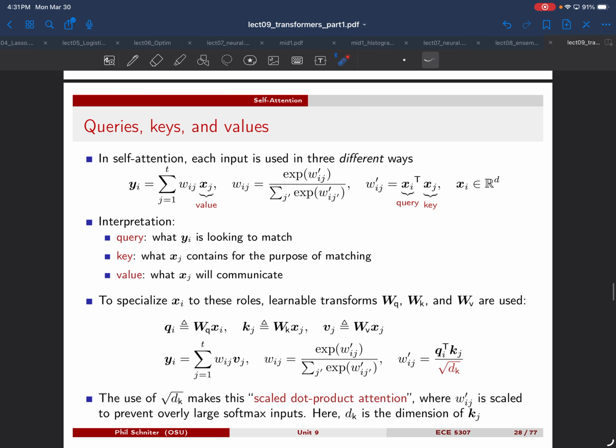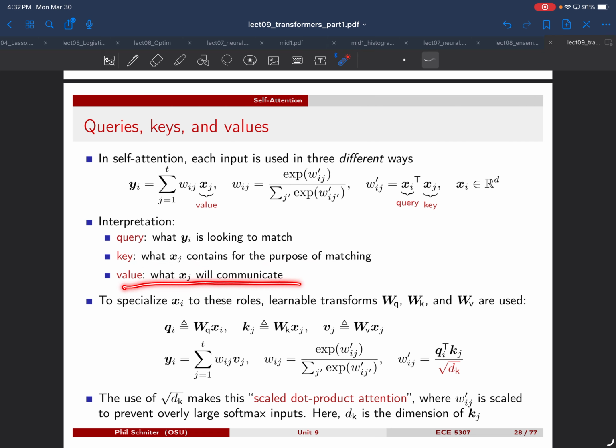All right. So that's exactly what I was describing here, but with equations. Here we have the value that you use to create yi, and then in forming these raw weights, you have the query, which is the one whose index matches the output, and the key, which is the one whose index matches the value. So x is used in three different ways. Query: what yi is looking to match. Key: what xj contains for the purpose of matching.